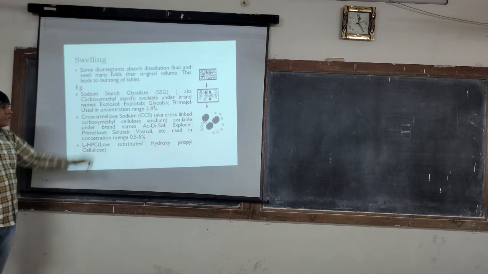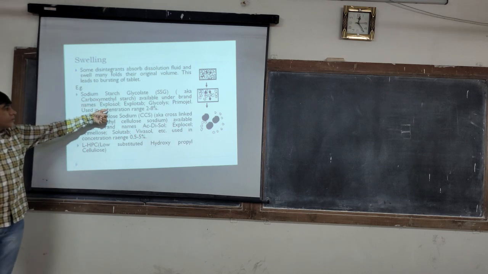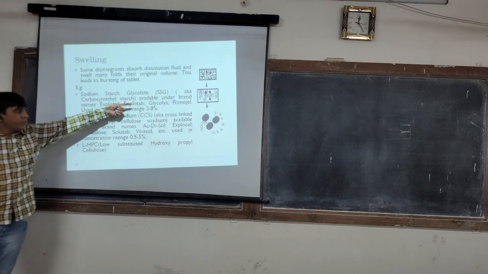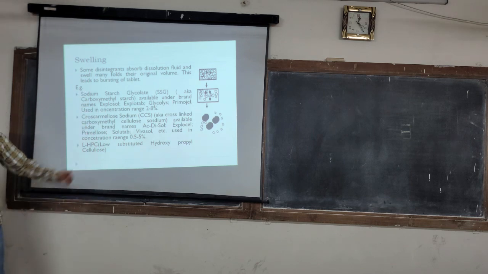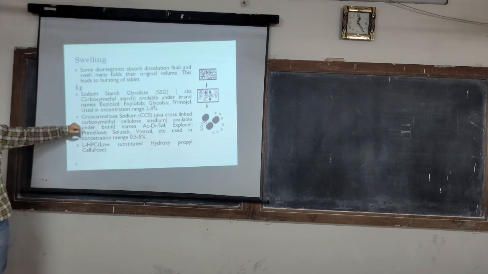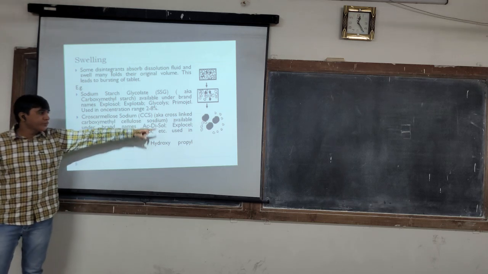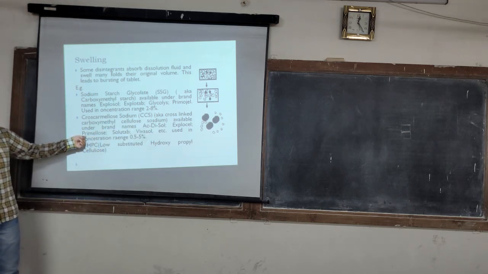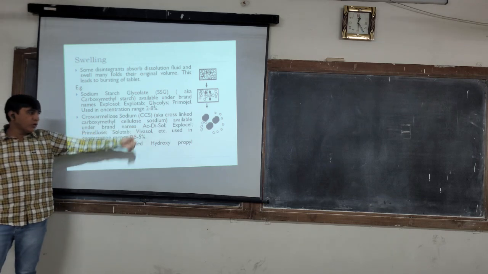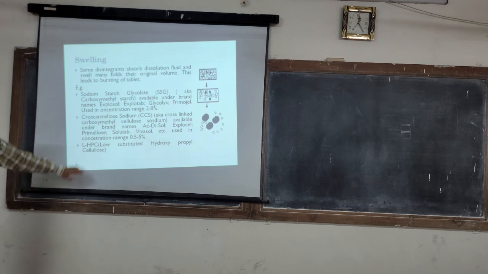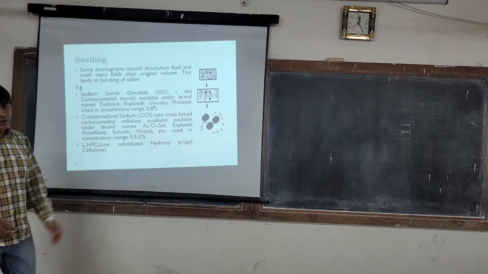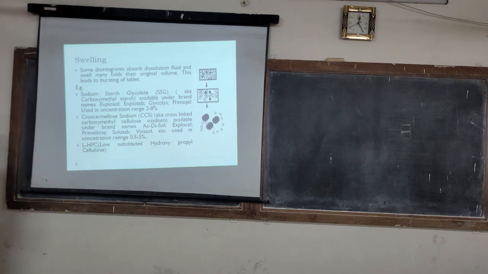The sodium starch glycolate is available under the brand names of Explosol, Explotab, Glycolys, Primogel, etc. While croscarmellose sodium, that is CCS, is available under the brand names of Ac-Di-Sol, Explocel, Primellose, Solutab, Vivasol, etc. LHPC, that is low substituted hydroxypropyl cellulose, can also be used as a swelling type of disintegrant, and normally it is used in the concentration range of 2 to 5% only.